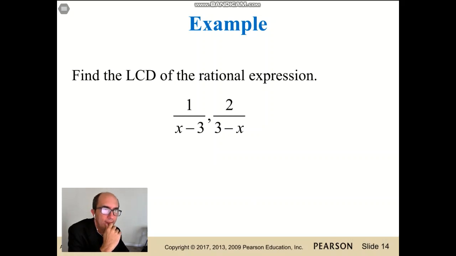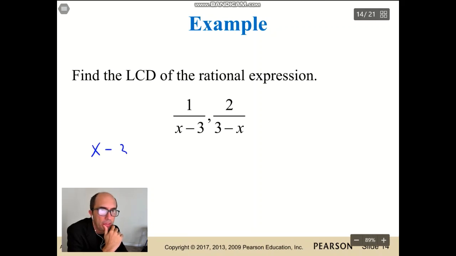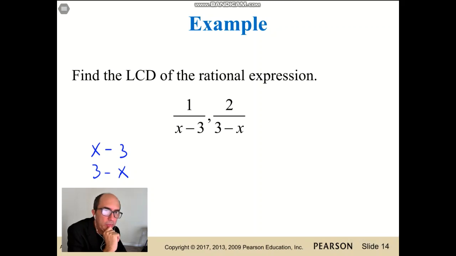And have a look at this. One is x minus 3, and the other one is 3 minus x. Can we find the common denominators here, or least common denominators? Actually, you can rewrite this one on the bottom, factoring out the negative, or minus 1, and this is going to be negative x minus 3.